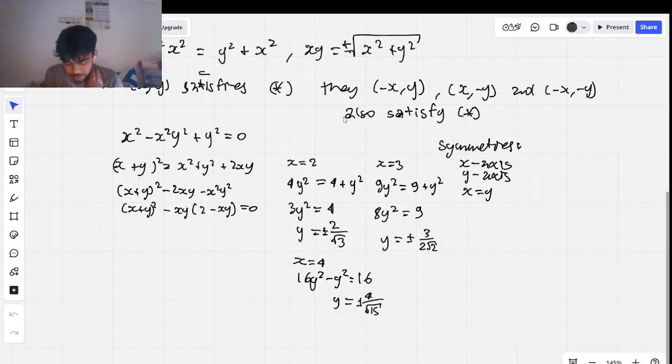So the numerator is always going to be what the x value is, and the denominator is going to be root of x squared minus 1. So for instance, root 8 is actually 1 plus 3 all squared.